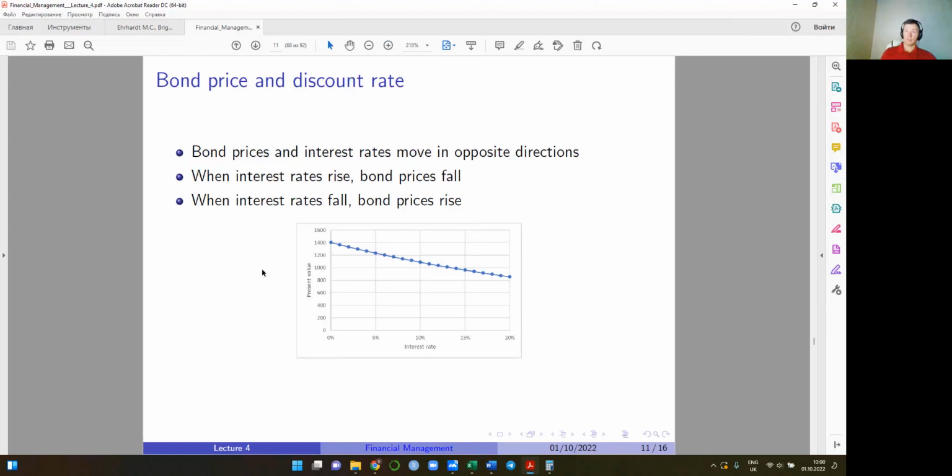The interest rates on the market are changing constantly, and we want to know the sensitivity of a bond price to the interest rate.